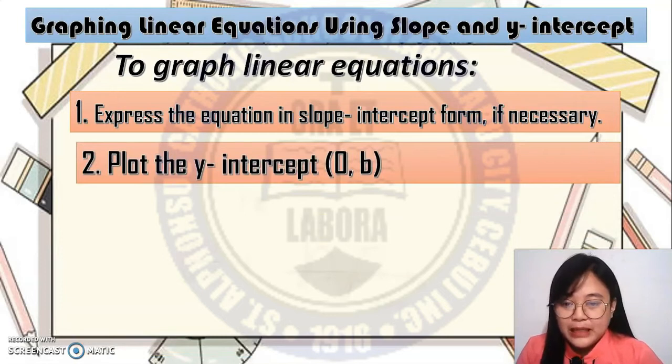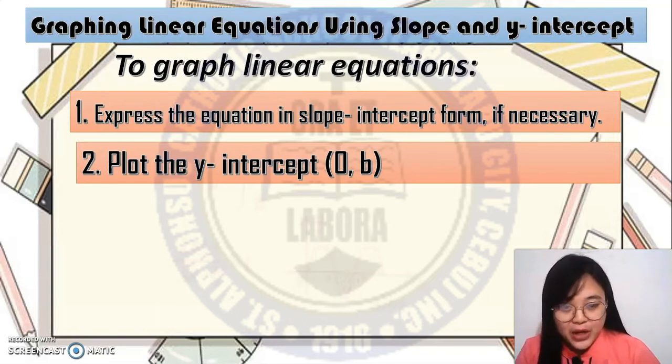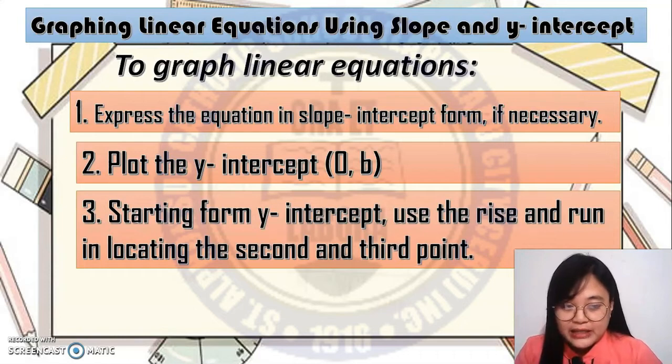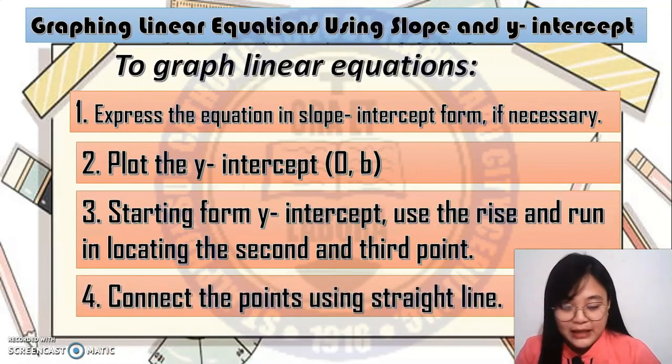Second, plot the y-intercept using the ordered pair (0, b). Whatever b is, you just pair that with 0 as your x. Third, starting from the y-intercept, use the rise and run in locating the second and third points. Fourth and last step, connect the points using a straight line.